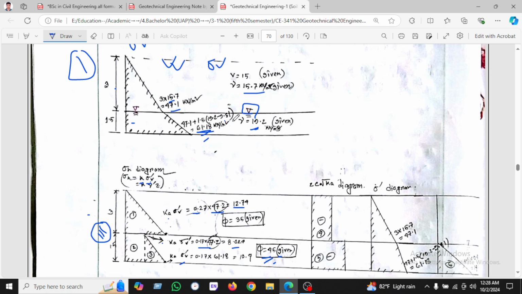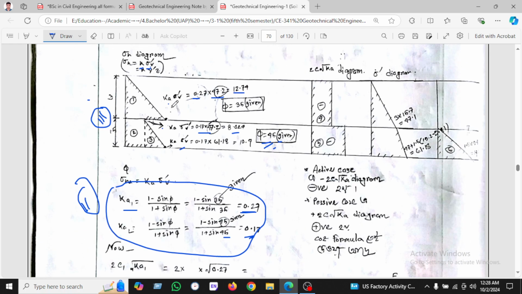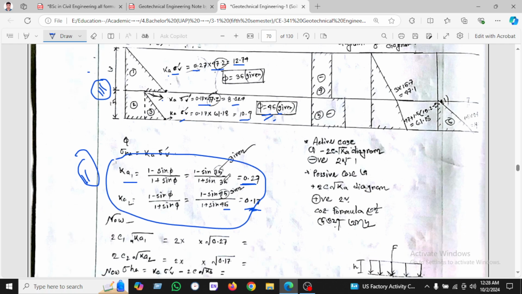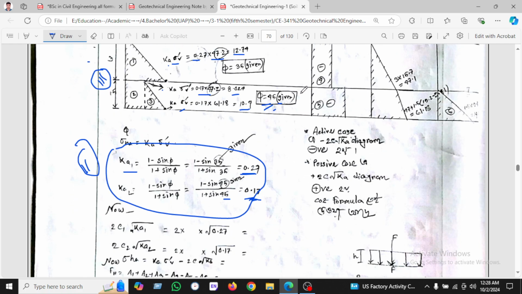At first we will calculate the sigma and find the value of K, and calculate all the values and find K into sigma equals 12.75, and K into sigma prime b and found 8.02. In this sequence we will get the third point, which is 0.17 with respect to the angle of the soil, and it will be multiplied with 61.8 and found 10.4.